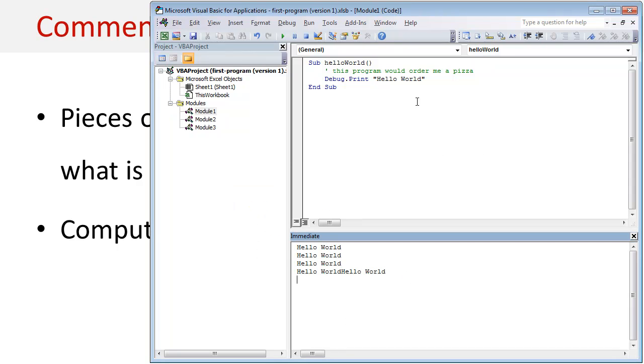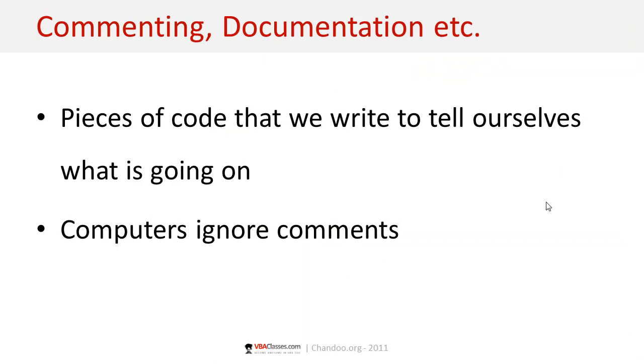Sorry for that. It's just printing the hello world message. That's all. It's not ordering a pizza. It's just like labeling a box. You can put the label saying lots of gold, but whatever the box contains, it contains that only, nothing else. So that's what commenting is.